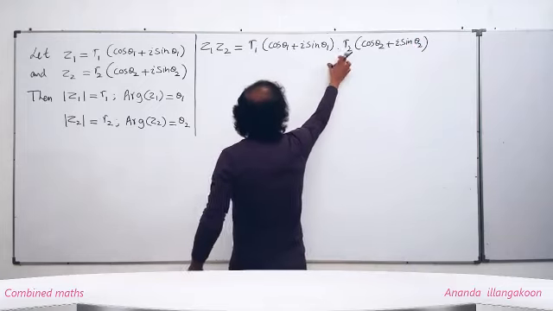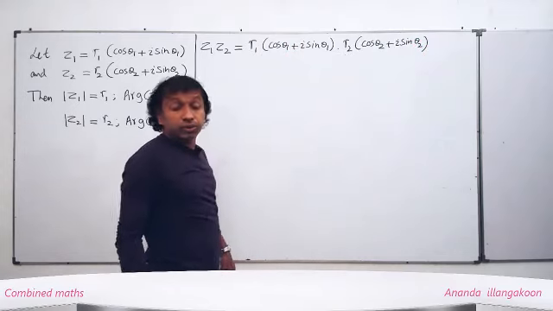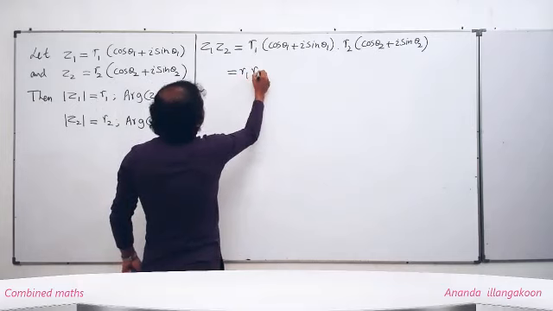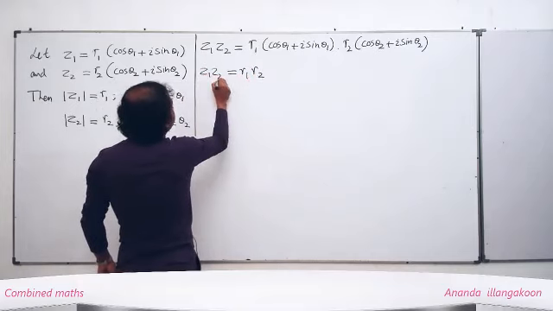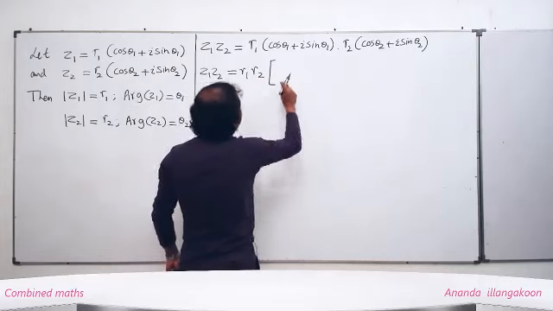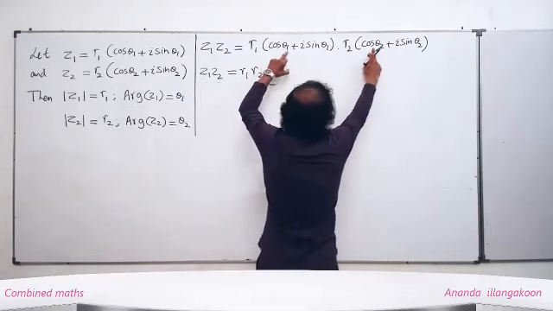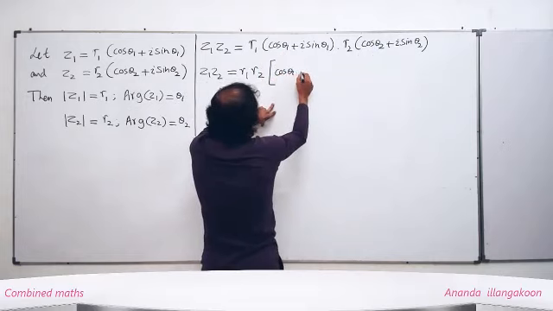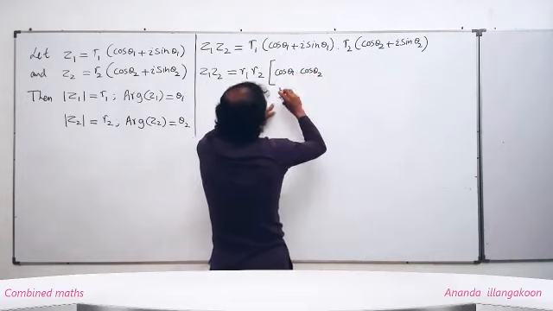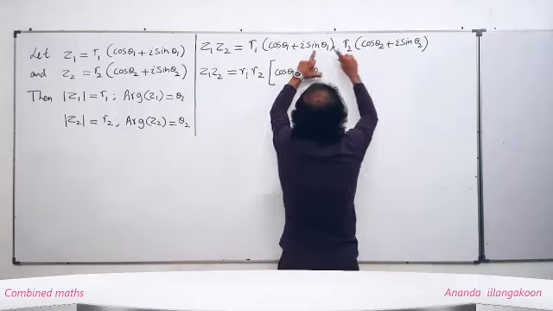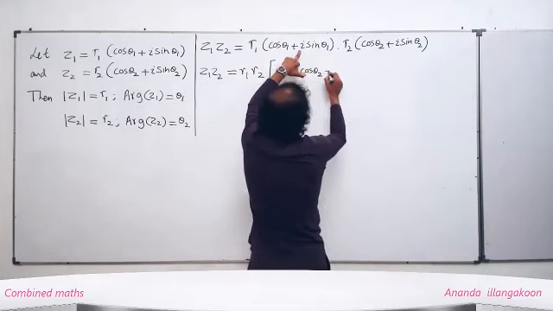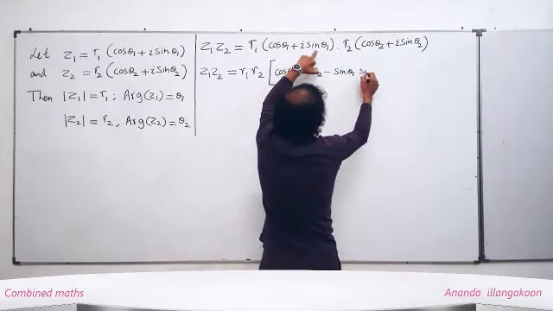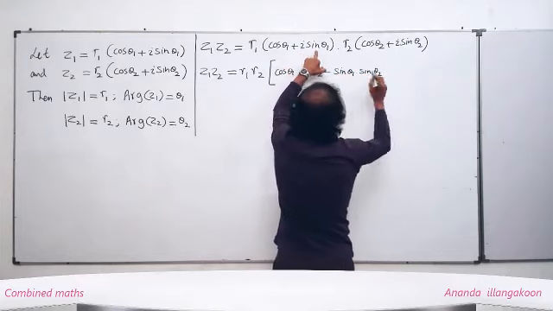Now I can multiply R1 and R2, two positive real numbers, no? Then I multiply cos theta 1 into cos theta 2, and I squared is minus 1, so minus sin theta 1 sin theta 2.